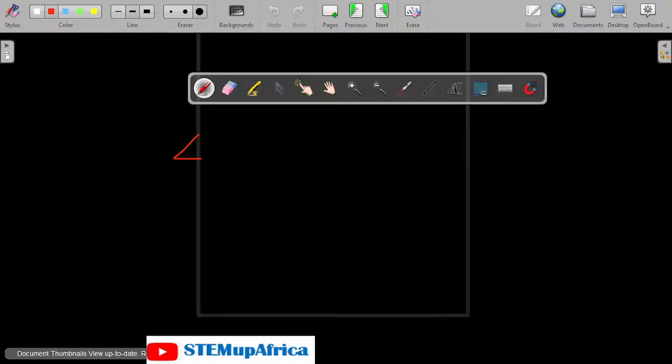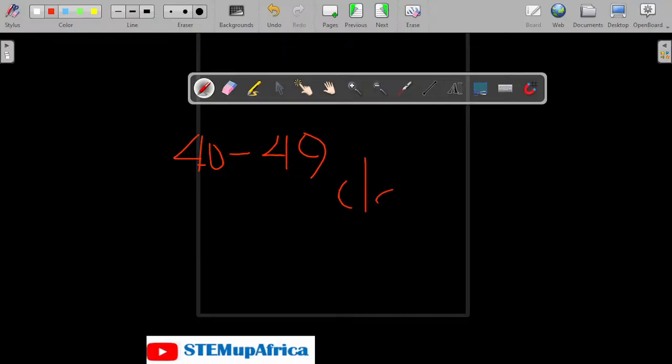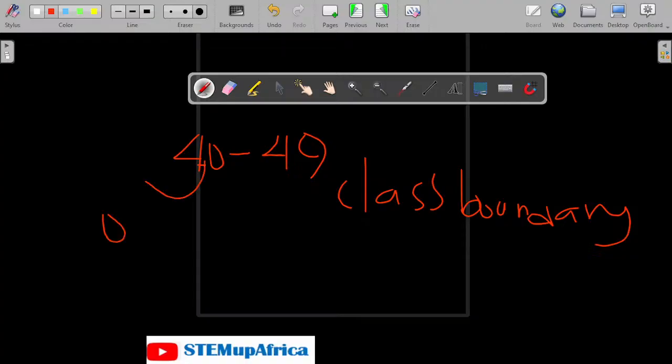So we have 40 to 49. To get the class boundary, you subtract 0.5 from this to give you the lower class boundary, LCB.